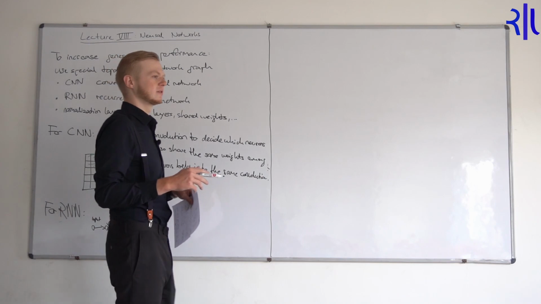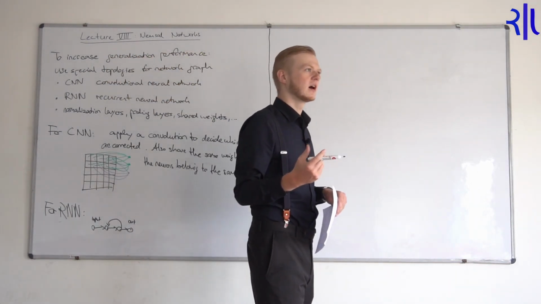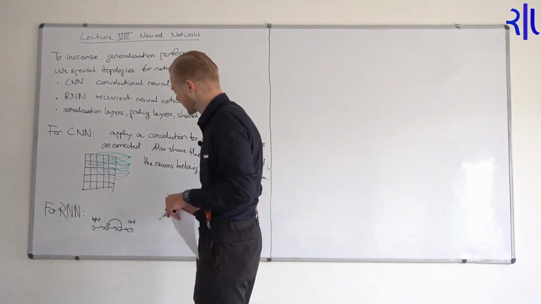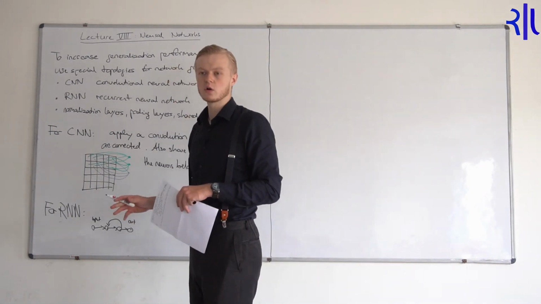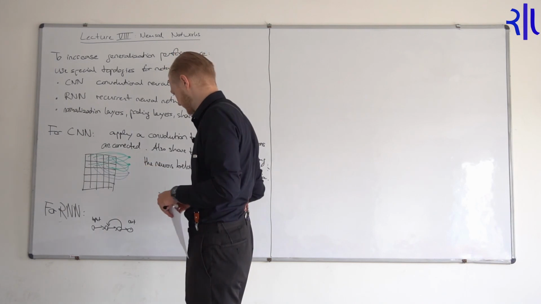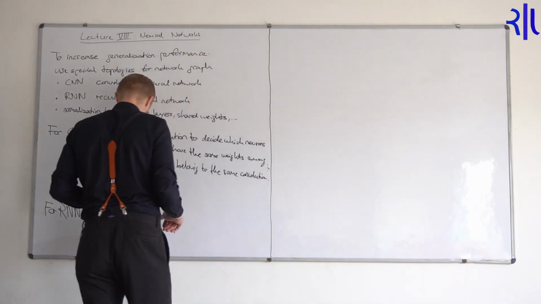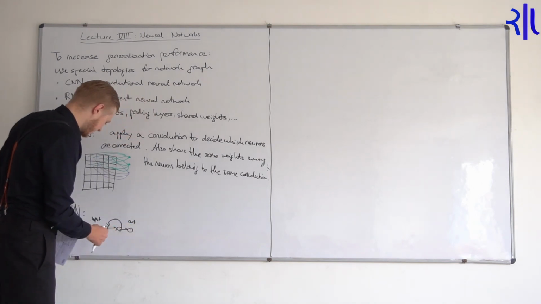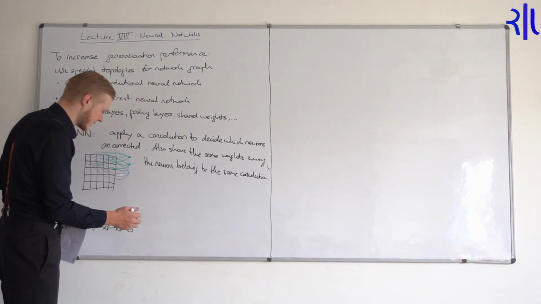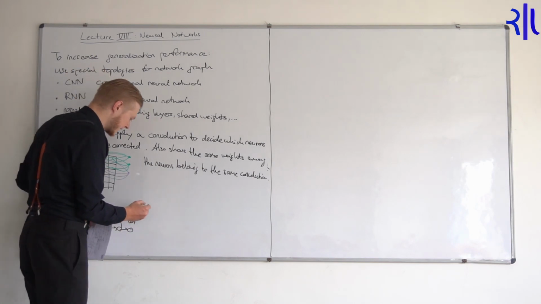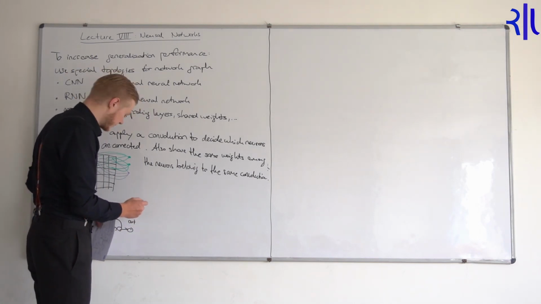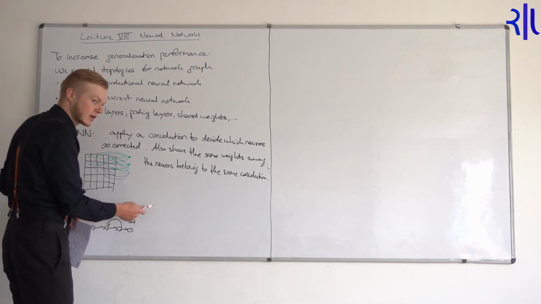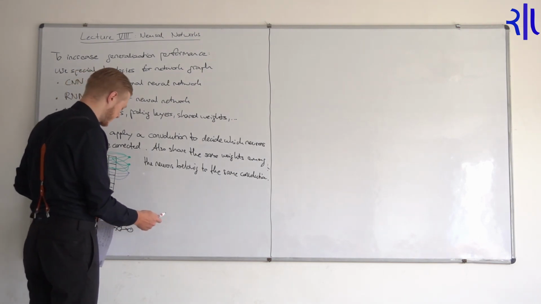Actually, what happens is that there's no real connection backwards in time or anything, but the neural network is so-called unrolled in time. And at each time step, the edge does not go backwards, but it goes to the neuron in the next time step.